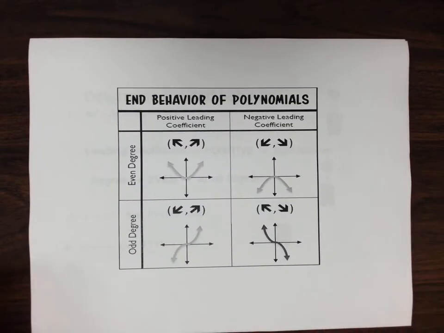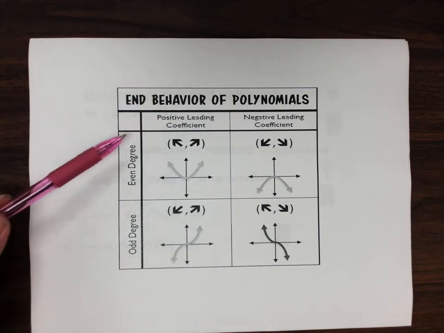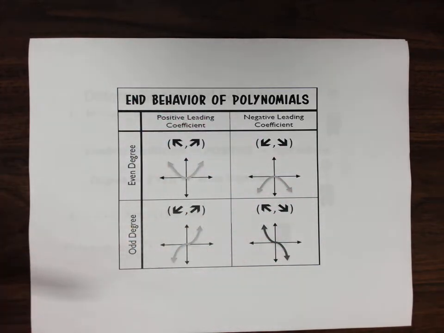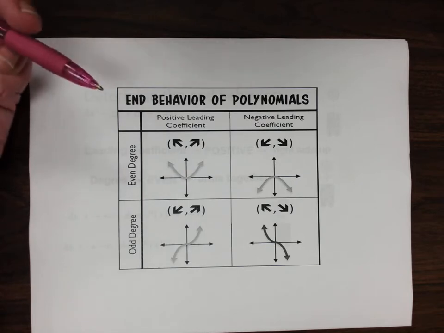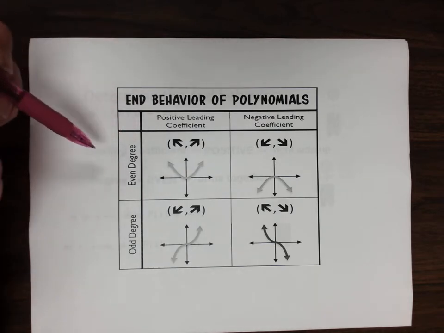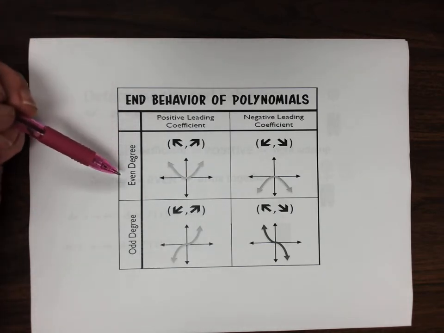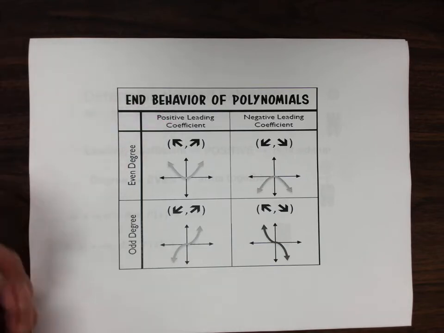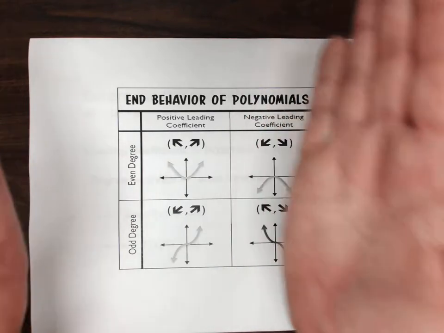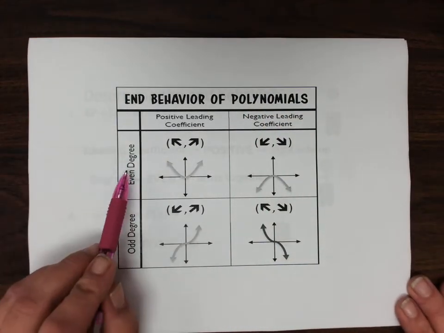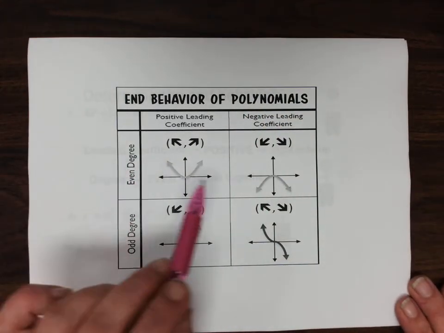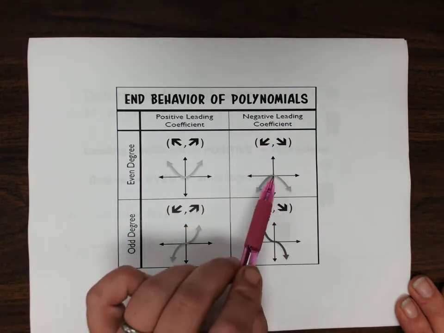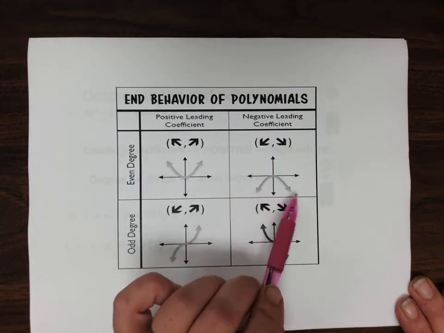Okay, so this chart is really nice, and I'm going to see if I can actually copy paste this into our assignment. But you could also jot it down in your notes. So here, if we've got that even degree and a positive leading coefficient, we'll have both sides going up. And if we've got that even degree and a negative leading coefficient, then both sides are going to be pointing down.